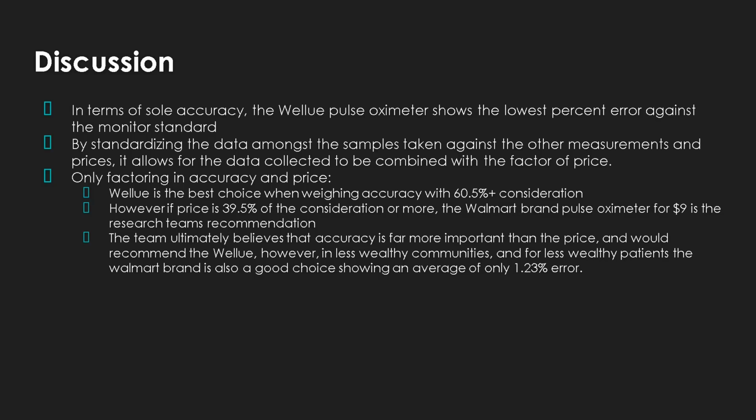However, with price also being in consideration, if price is over 39.5% of the consideration, the Walmart brand is the superior option. We understand that accuracy is the most important thing, but in less wealthy communities, it is important for them to have some sort of reading. And the Walmart one, although inaccurate compared to the other models, does still have a relatively accurate reading, giving only a 1.23 average percent error.